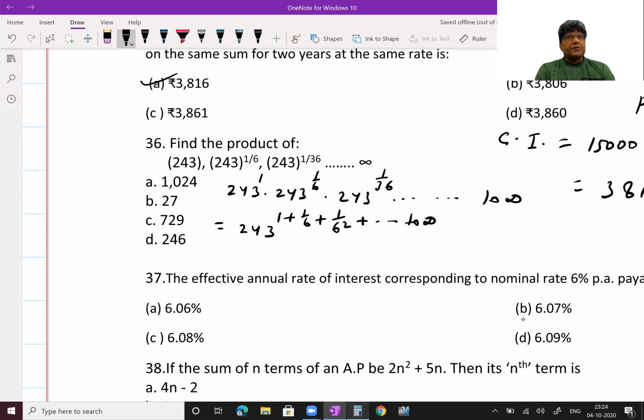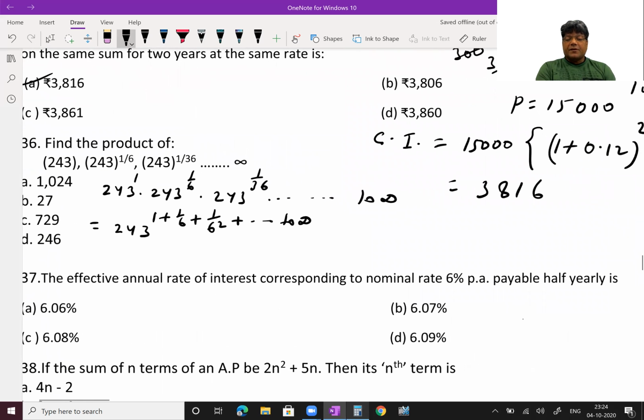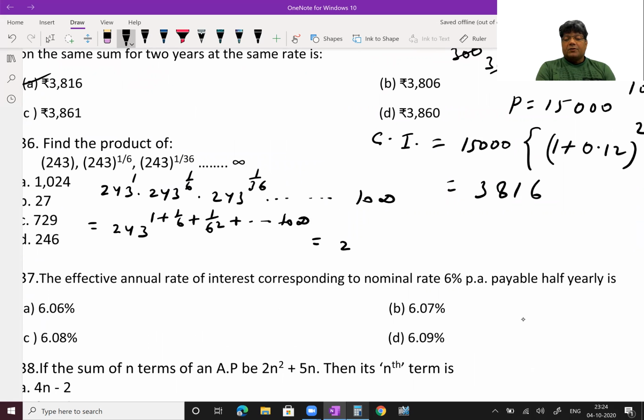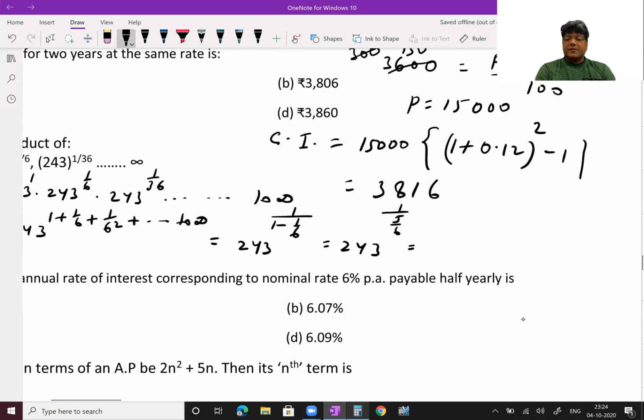Infinite GP. Sum of infinite GP. What is the sum of infinite GP formula? Sum of infinite GP formula A by 1 minus r. Your common ratio is 1 by 6. So that is equal to 243 to the power 1 by 5 by 6. Now 1 by 5 by 6 means 6 by 5.